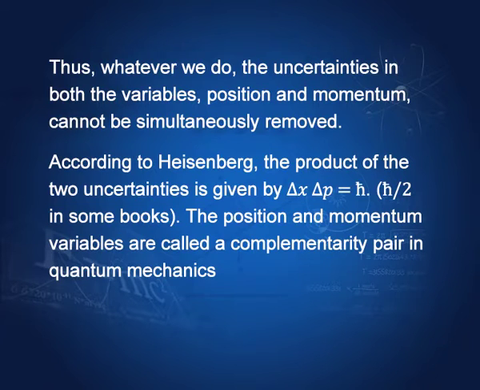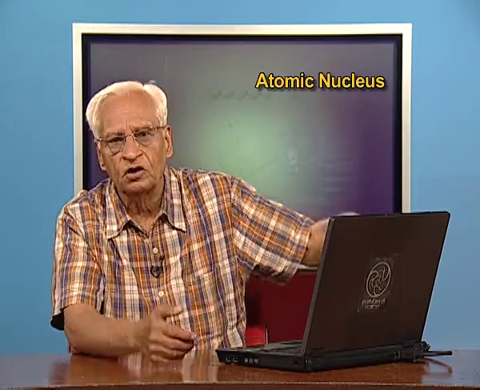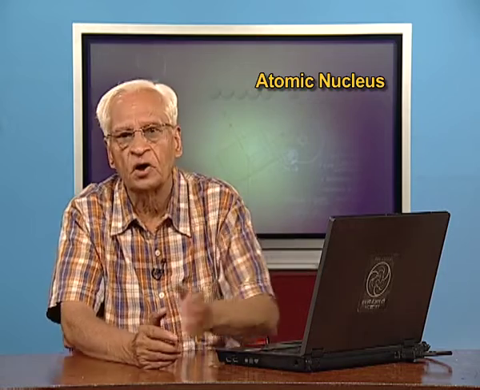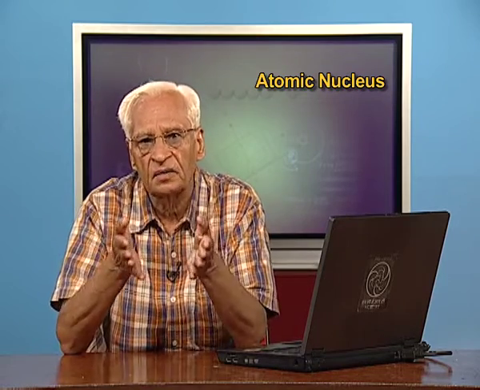According to Heisenberg, the product of the two uncertainties is given by delta x times delta p equal to h cross. Let me warn you, some books say that delta x times delta p is equal to h cross by 2. Nothing wrong with that, because h cross is actually a lower limit on the product delta x delta p.